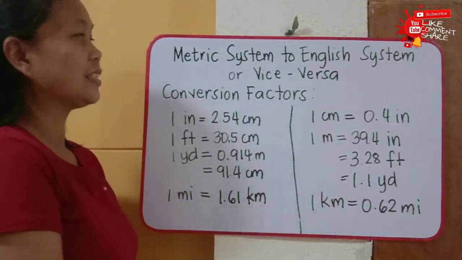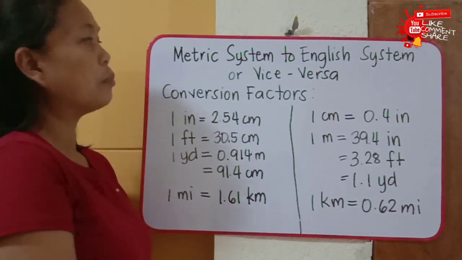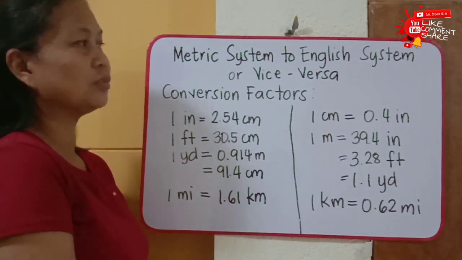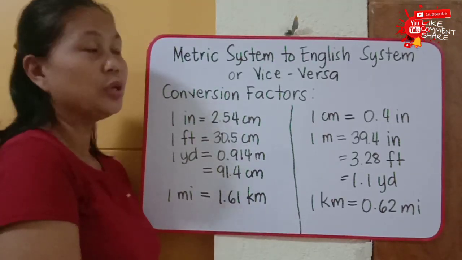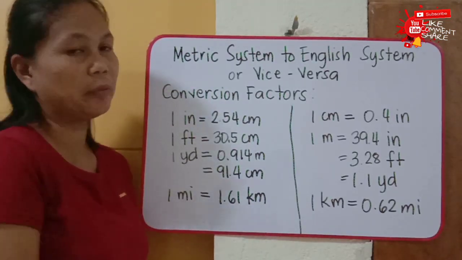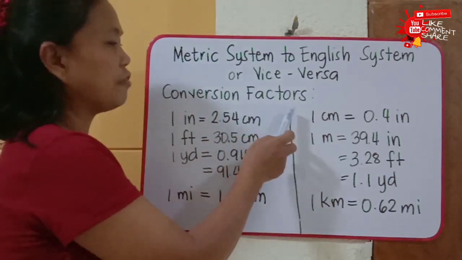Now we will discuss the conversion of units from metric system to English system, or from English system to metric system. So we may consider all of these conversion factors.